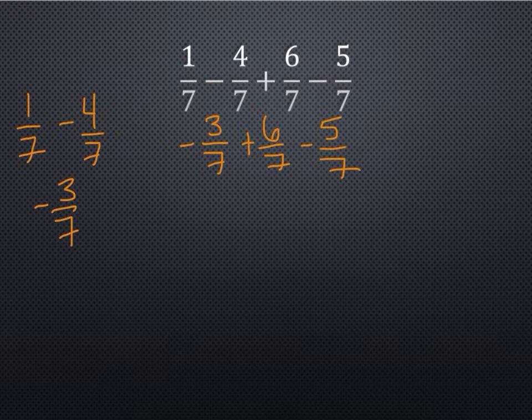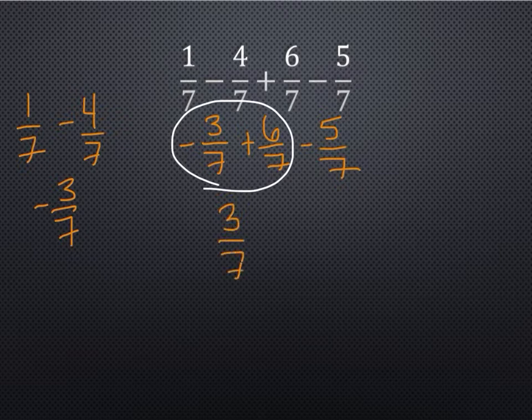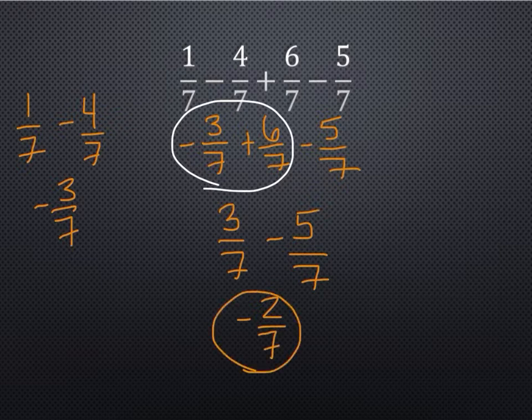So now we have these two: negative 3/7 plus 6/7. That will make it positive 3/7 minus 5/7. Finally, 3/7 minus 5/7 is negative 2/7.